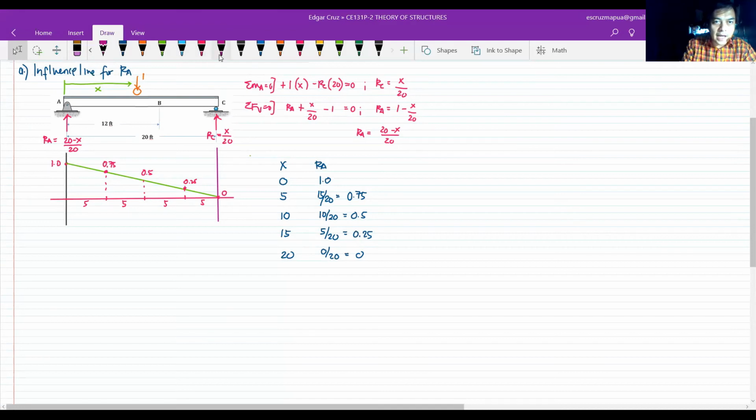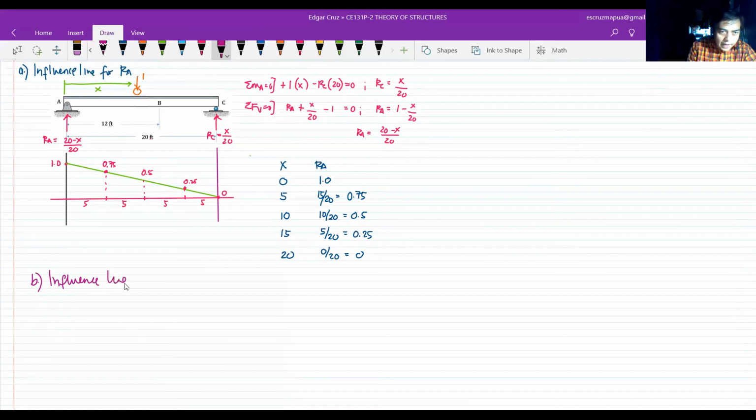So this time we're going to have the influence line for RC naman. Okay, tiba yung RC natin.